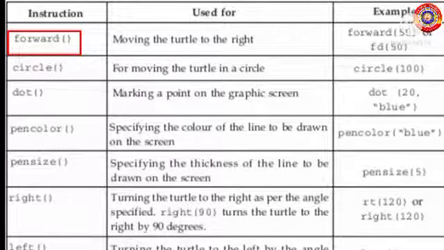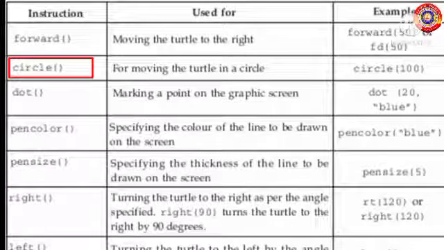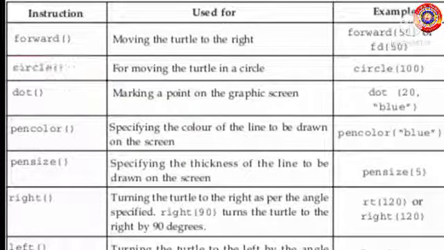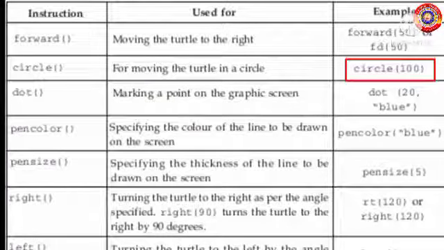It is used to move the turtle forward. For example, forward, and in brackets you give the value, here 50, or simply you can write FD 50. Now the second one, circle. Circle is used to move the turtle in a circle. Example, circle 100. This instruction will help us draw a circle having a radius of 100 units.